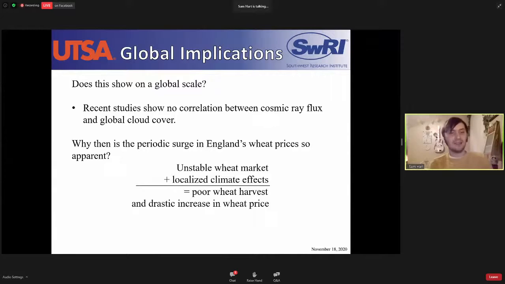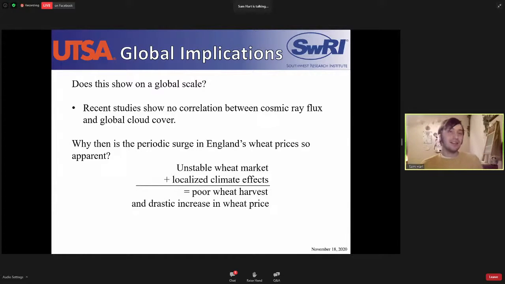So why was this very minor climate effect so apparent in England's wheat prices? Well, it really has less to do with the amount of cosmic rays or cloud cover than it had to do with the wheat market as a whole. England's wheat market, little did they know, was pretty much on the brink of disaster every year.